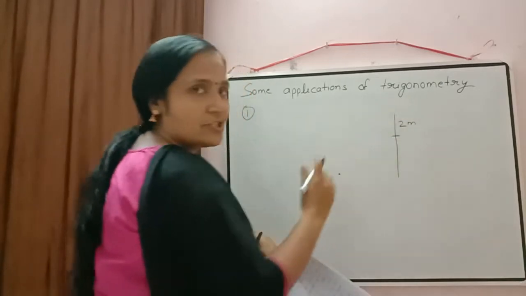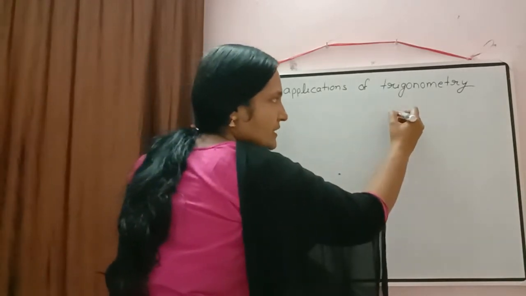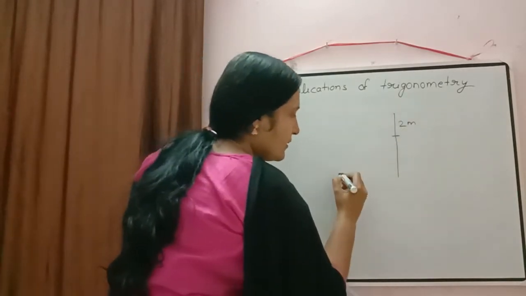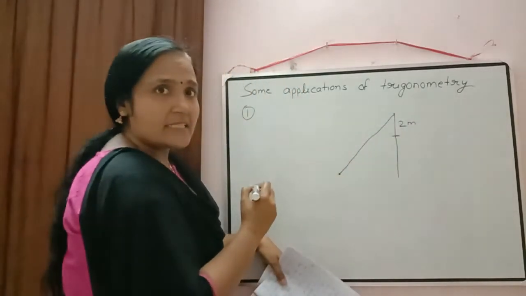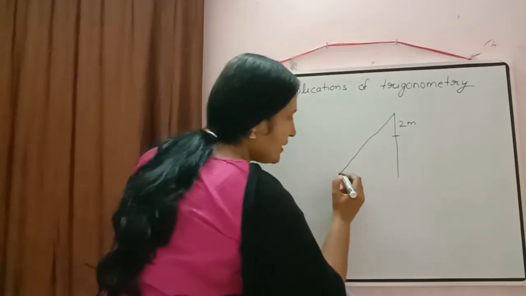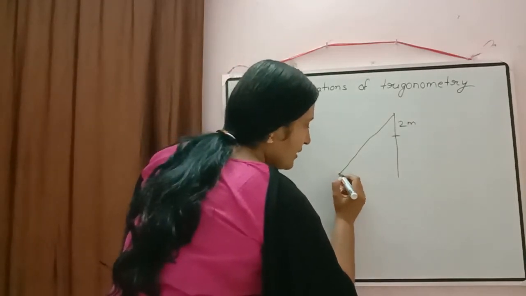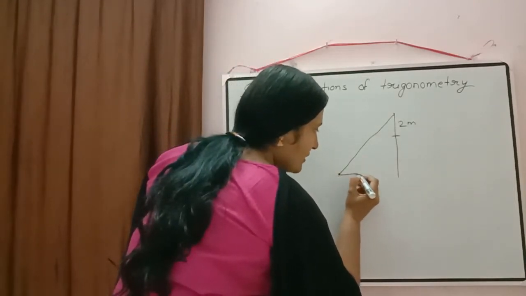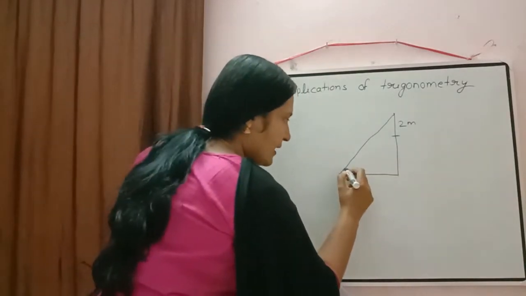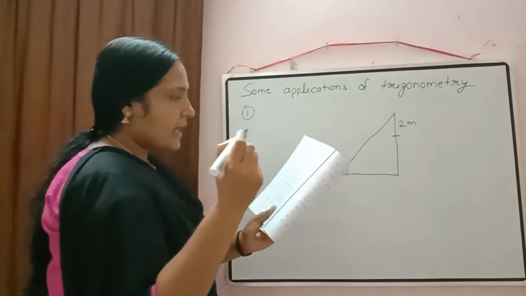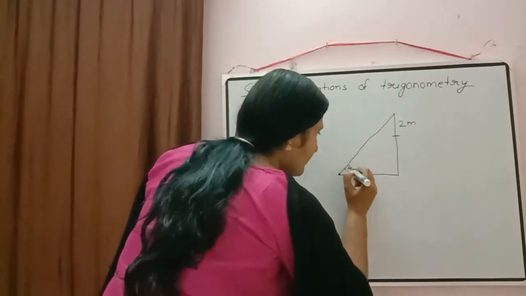This is the statue, so the top of the statue is this point. The angle of elevation or depression is always formed with the horizontal line, so we can draw a horizontal line here. How much is this angle given? That angle is 45 degree.